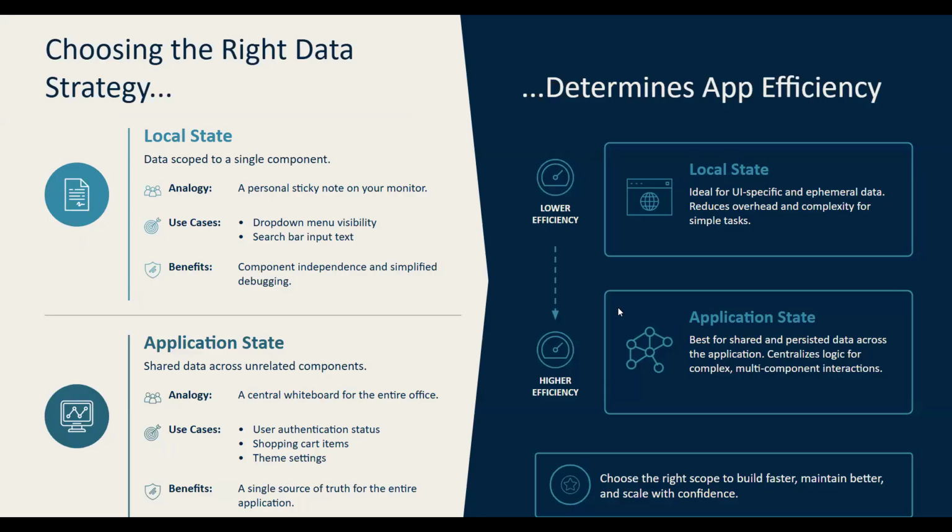Now that we've looked at conditional rendering, the next important question is where our data should live. There are two different places where data can be stored. The first is the local state. Local state is data that belongs to just one component.